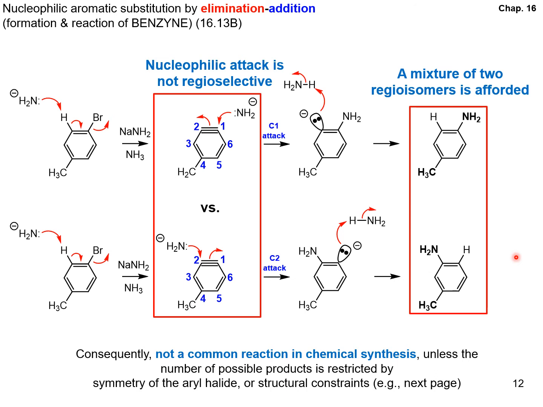Because of the fact that a mixture is afforded, this is usually not a common reaction in chemical synthesis, unless the number of possible products is restricted by the symmetry of the aryl halide or structural constraints. An example is shown on the next page.